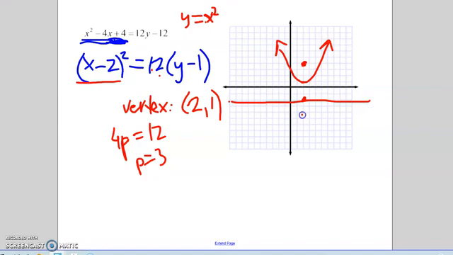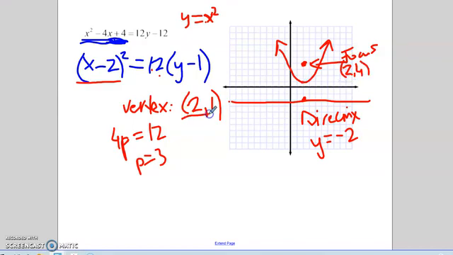Let's finish this off here. The directrix then is y equals negative 2, and the focus is going to be 3 plus the 1, which changes my y value. So that's at 2, 4. And my vertex I already have is at 2, 1.